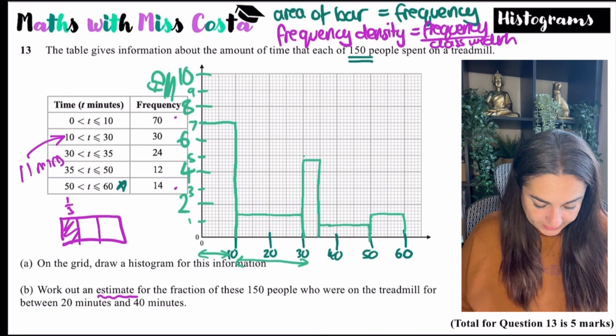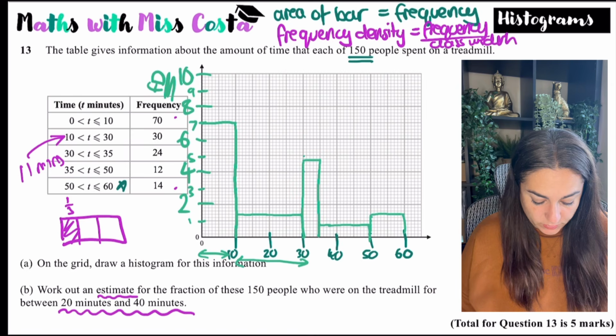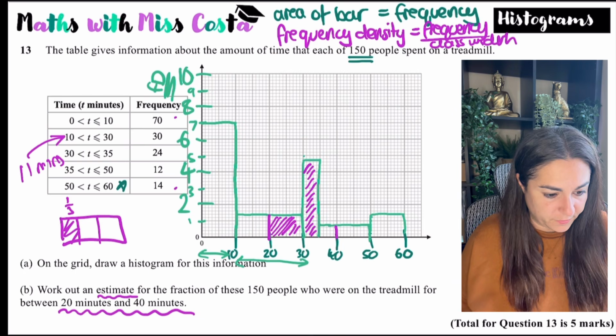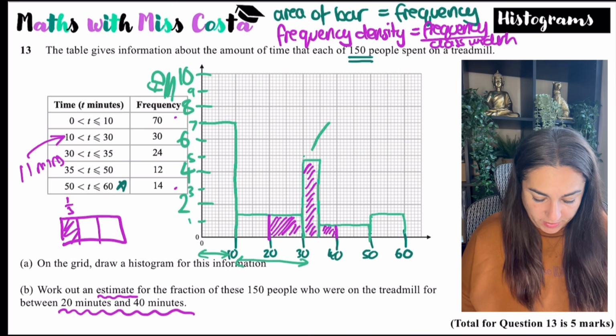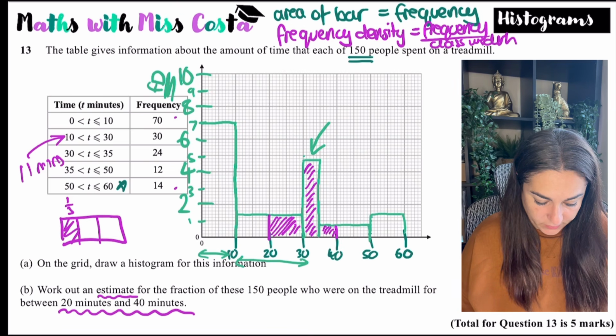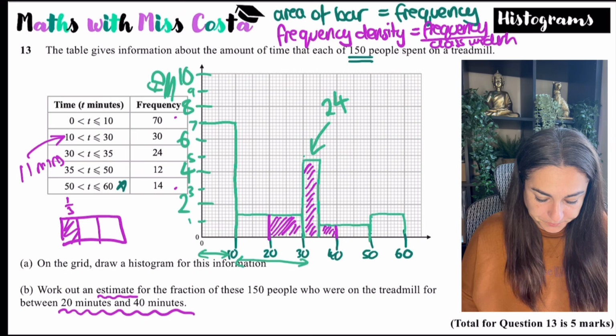So we're going to do the same thing with between 20 minutes and 40 minutes. Between 20 minutes and 40 minutes is going to be these areas here. The only one that is a full area by itself is this bar here, and we know that the frequency of 30 to 35 is 24.